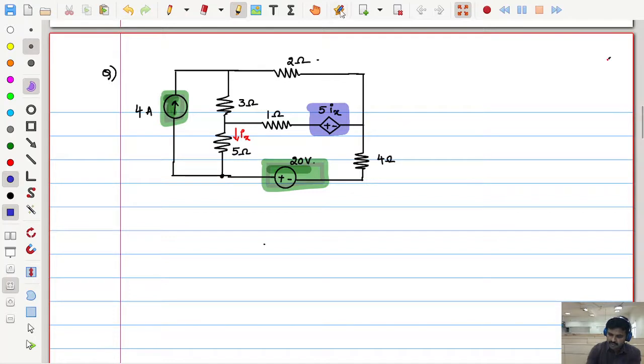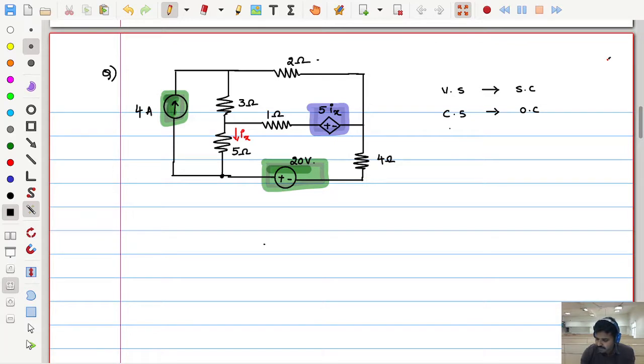Once we see the sources, we need to keep these points in mind. Any voltage source is replaced by a short circuit while applying the superposition principle. Similarly, any current source is replaced by an open circuit.